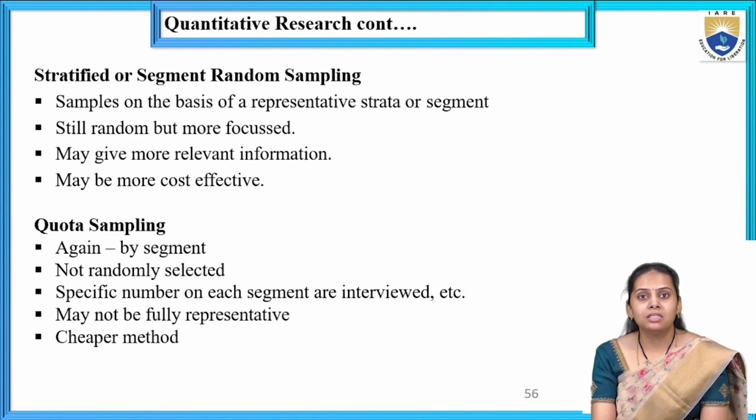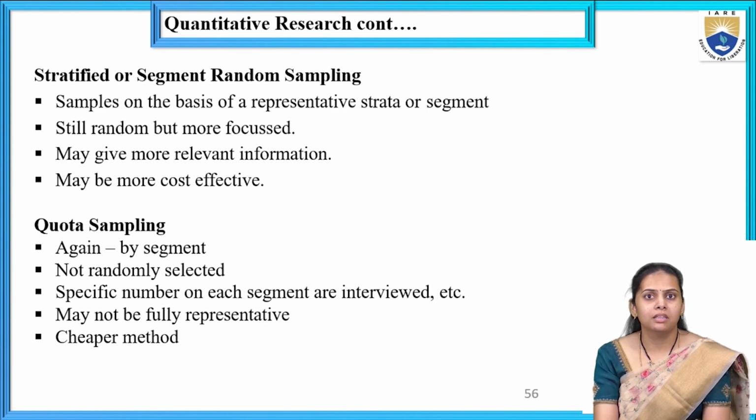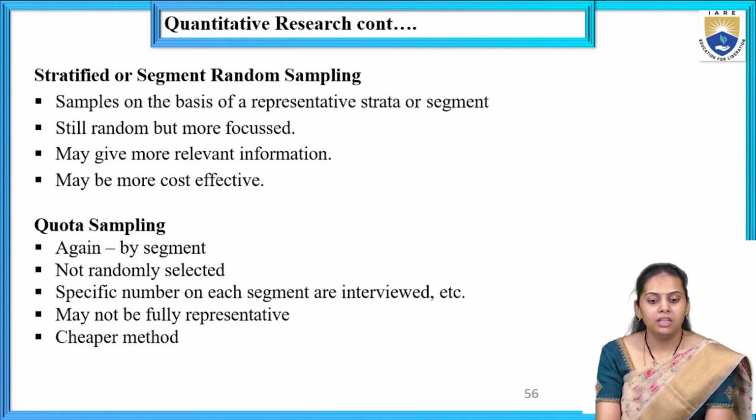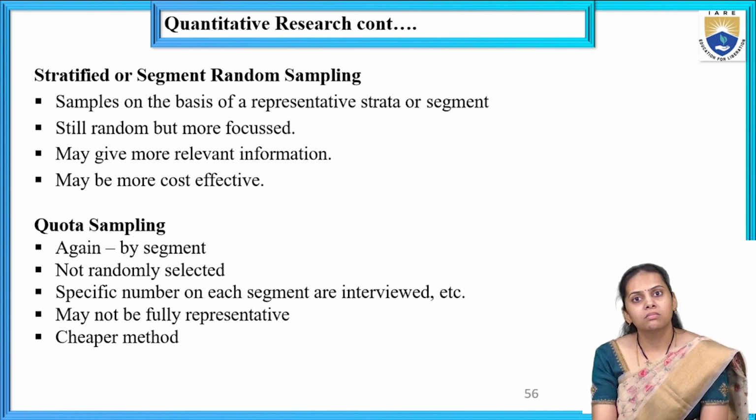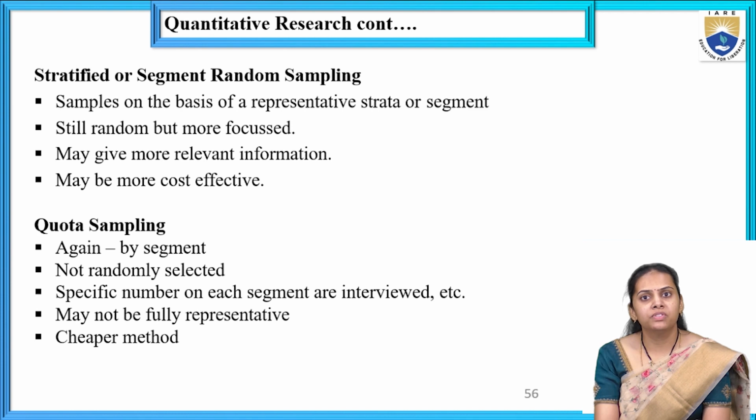And what is stratified or segment random sampling? Samples are taken on the basis of a representative strata or segment, still random but more focused, may give more relevant information, and may be budget friendly or more cost effective.